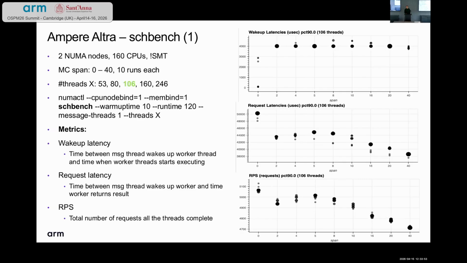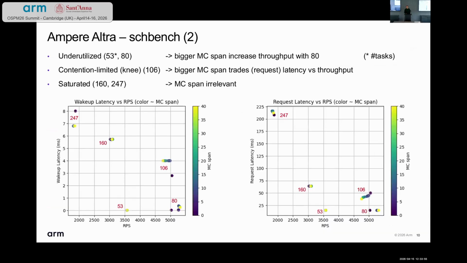Maybe on the other slide, this is better to see. The only thing we could see here is with 80 tasks on an 80 CPU system, if you increase the MC size, yellow is 40 CPUs and pretty dark is 0, you see that with constant wake-up latency, the RPS goes up a little bit.